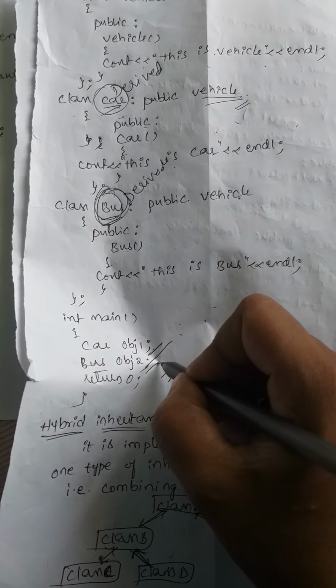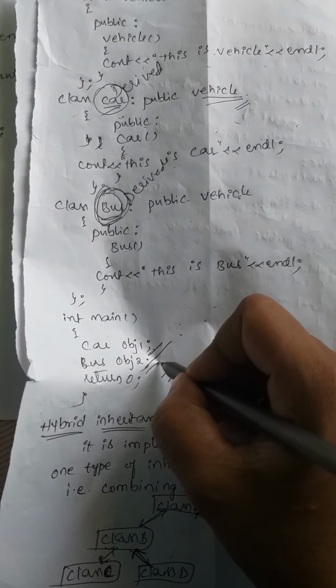The next type of inheritance is hybrid inheritance. Hybrid inheritance is implemented by combining more than one type of inheritance.